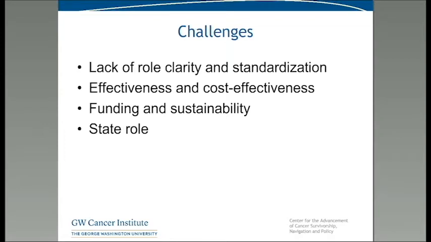Some of the challenges identified are shown here, but I'm only going to focus on the lack of role clarity and standardization. A more comprehensive overview of the best practices study was provided by Ann Willis on an archived webinar called Best Practices in Navigation and Survivorship Survey Results webinar, and that's available on our website.